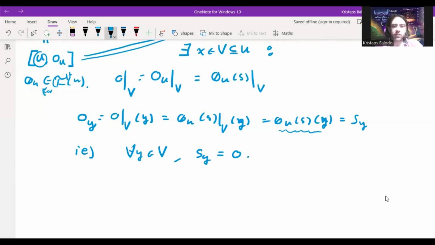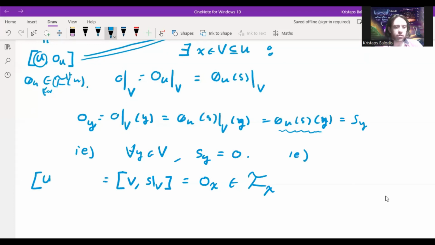But that is exactly, so in other words, that means that S restricted to V is the zero element of the stalk of F at X.